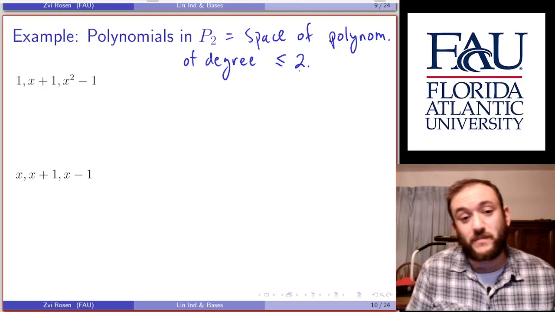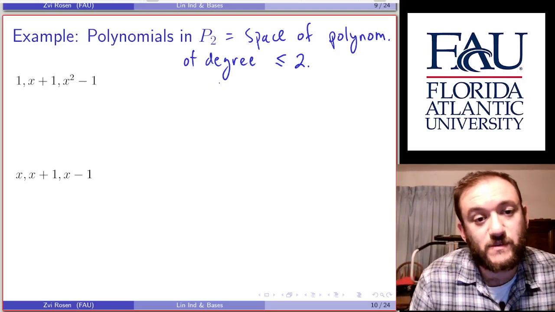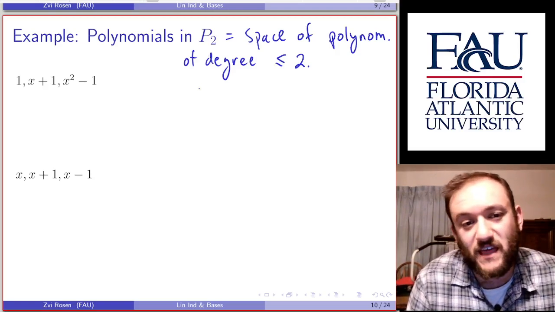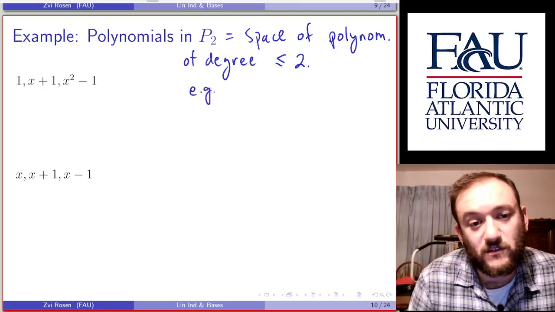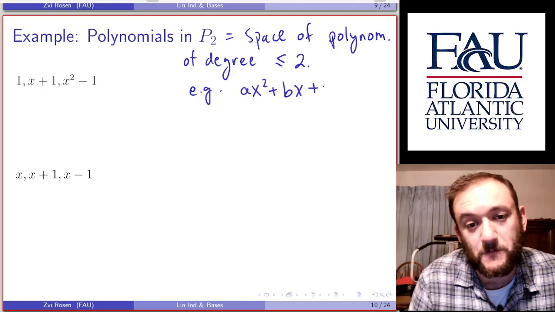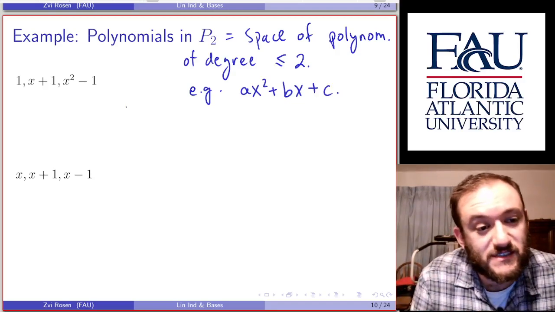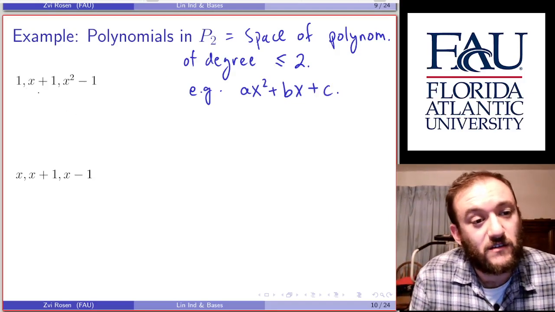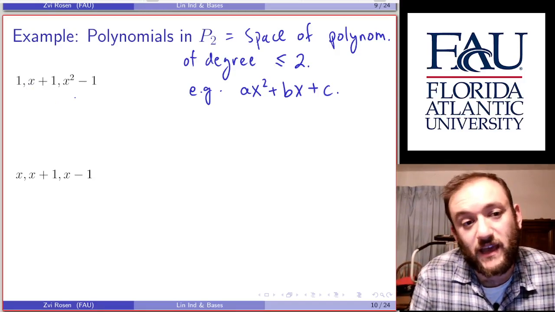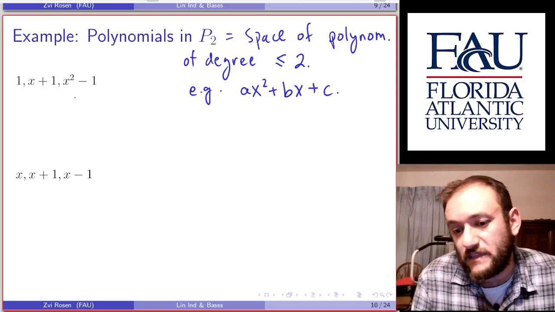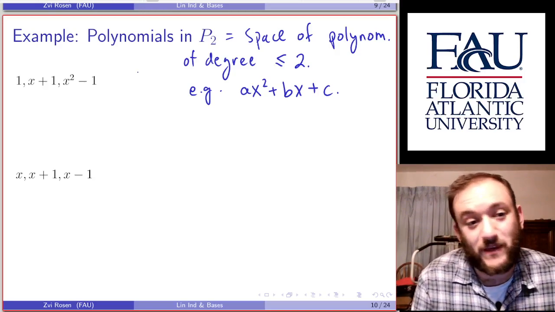You can multiply them by scalars. So this is a vector space, and arbitrary elements in that vector space look like ax squared plus bx plus c. Okay, so let's consider the set at the left here, 1, x plus 1, and x squared minus 1. Is this a linearly dependent set or an independent set?